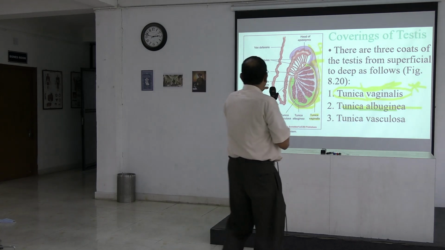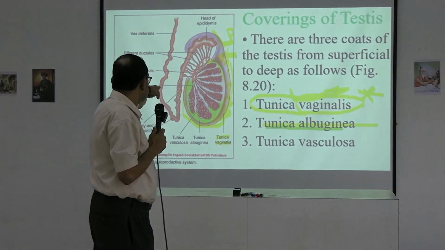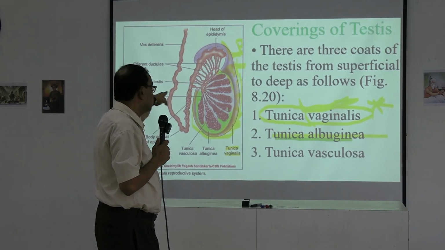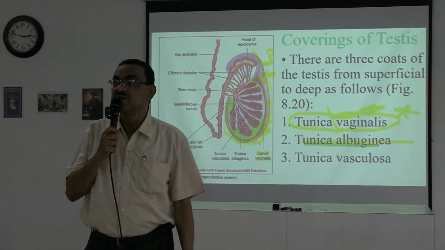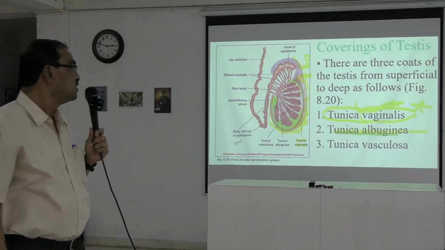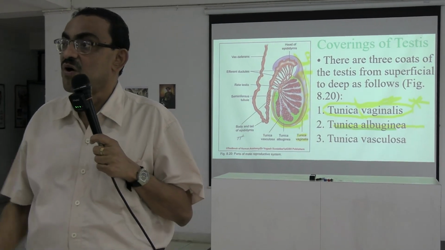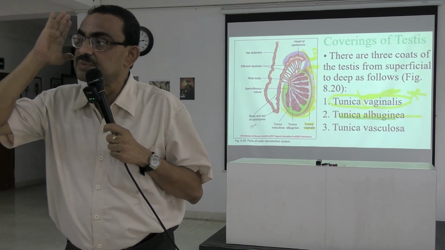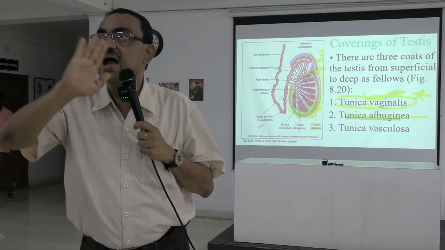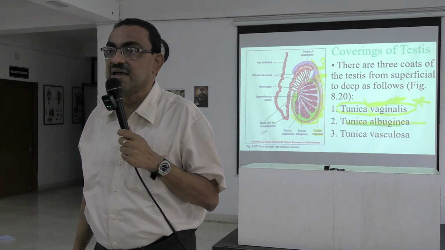That partition, which has been given a green color, is the mediastinum testis. It is a partition coming from the tunica albuginea and going up to a certain distance within the testicular cavity.